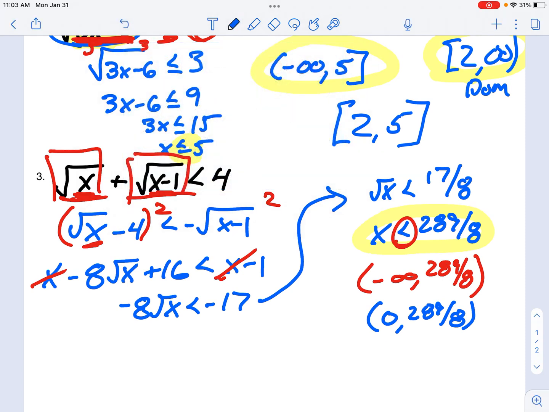We're going to say this would be from 1 to 289 over 8. That is going to be our solution set in this case, because not only did we have to satisfy the inequality, but we had to satisfy both of the radicals to make sure that the x values we're substituting in don't cause an imaginary value to occur. So just a couple things to look for.